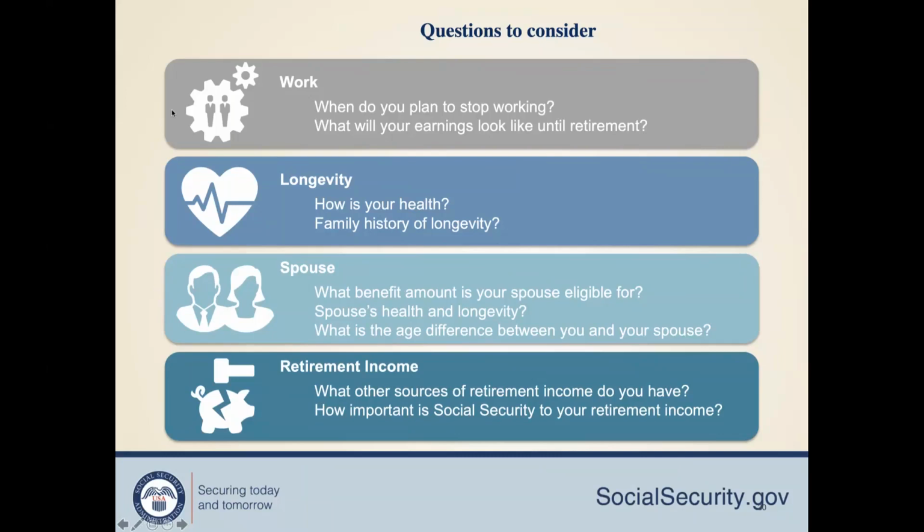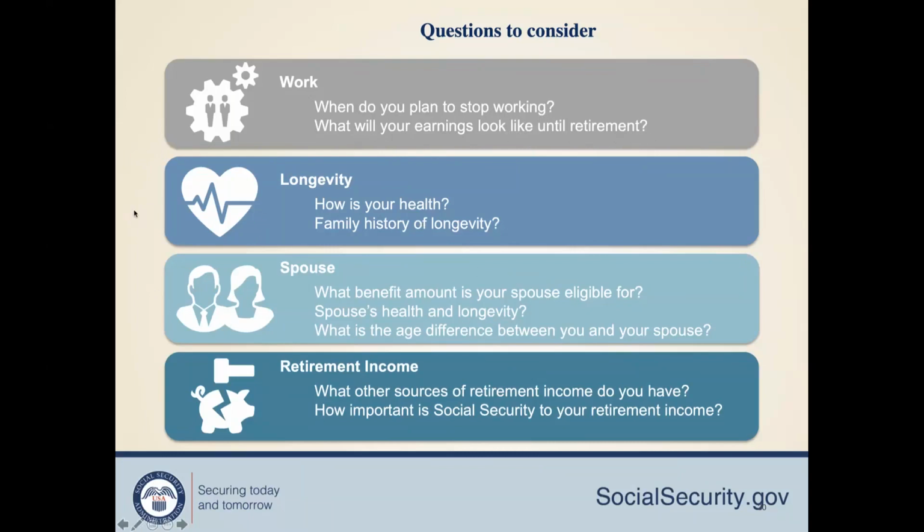Okay. So I think we discussed a lot of things. So this tries to summarize when to start claiming, right? When do you plan to stop working, right? So because of that withholding rule, you have to be careful about starting claiming and continuing to work. And what will your earnings look like after retirement? Whether you have enough money or do you really need Social Security to survive, right?